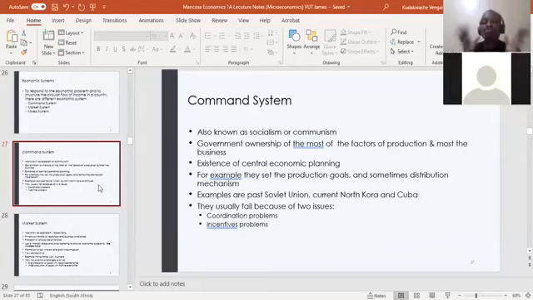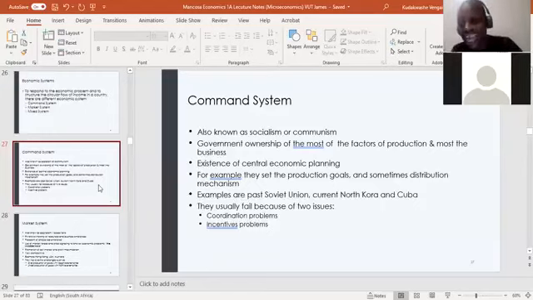So the factors of production and sometimes the businesses used in the country are owned by the government. That's the first thing that you need to know. So in terms of how to produce, they are saying that we'll use the government or state-owned enterprises to produce. That's how they're answering it. Then there is what we call central economic planning.